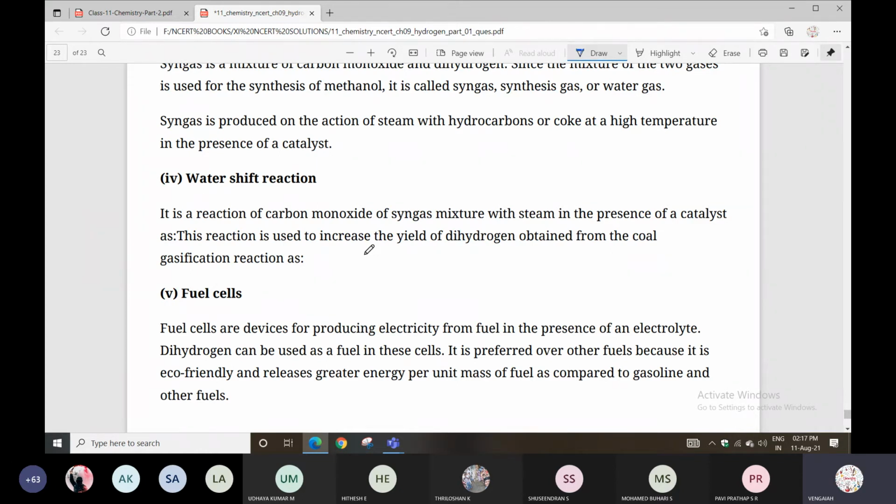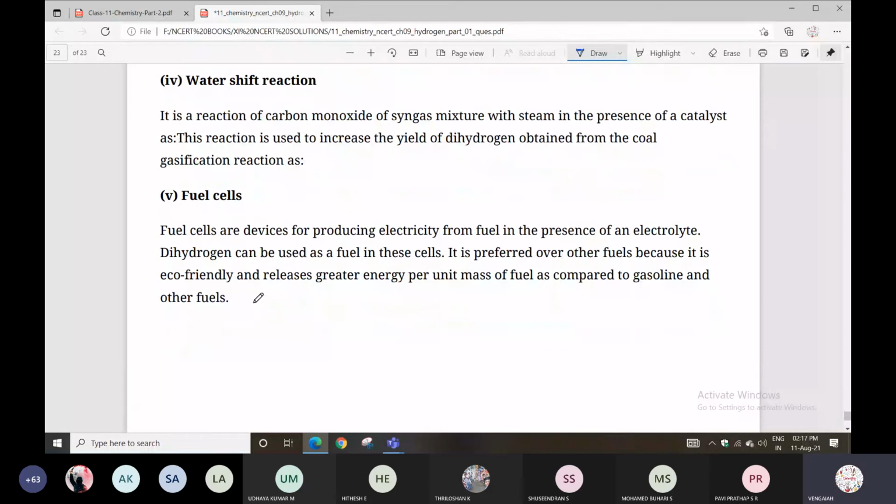Dihydrogen can be used as fuel in these cells. It is preferred over other fuels because it is eco-friendly and releases greater energy per unit mass of fuel as compared to gasoline and other fuels also.